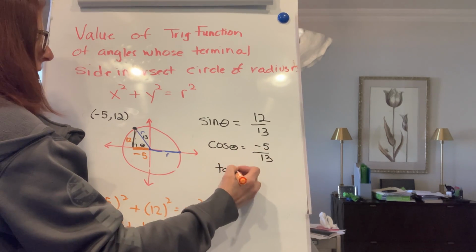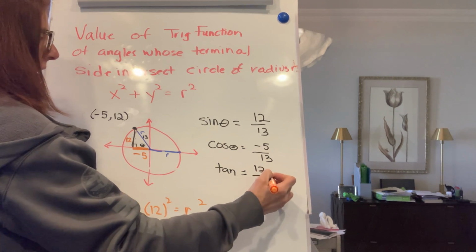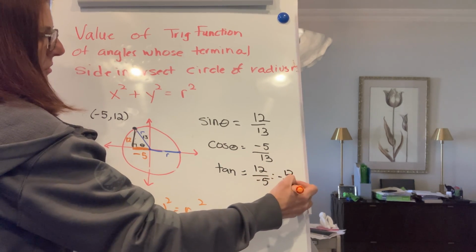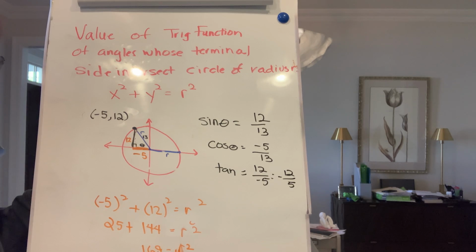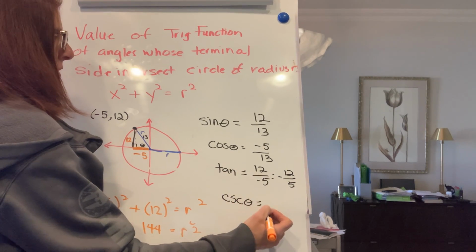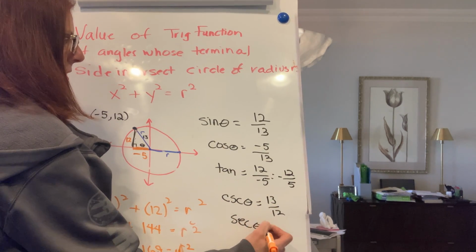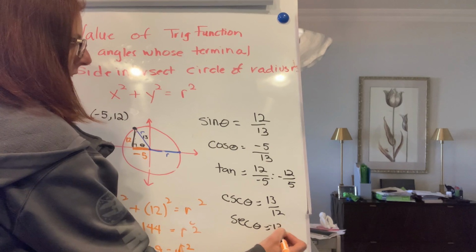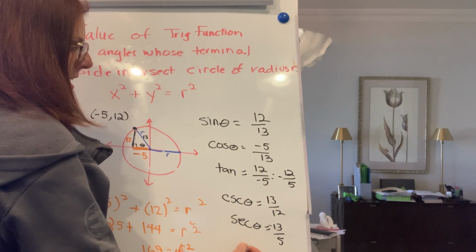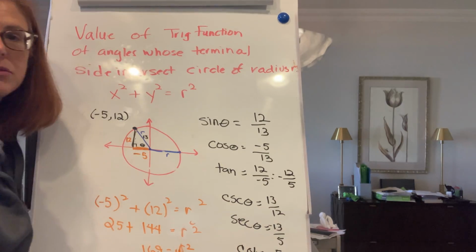The tangent would be 12 over -5. We can just write that as -12/5. Now to find the other trigonometric functions, we're just going to take the reciprocal. The secant is the reciprocal of the cosine, so -13 over 5, and the cotangent is -5 over 12.